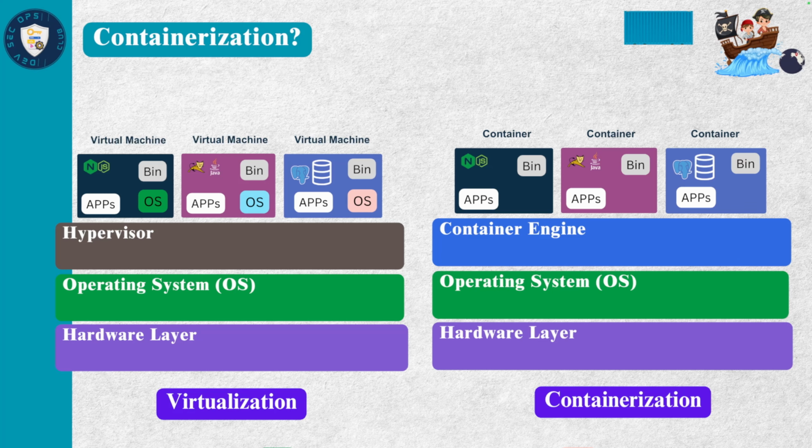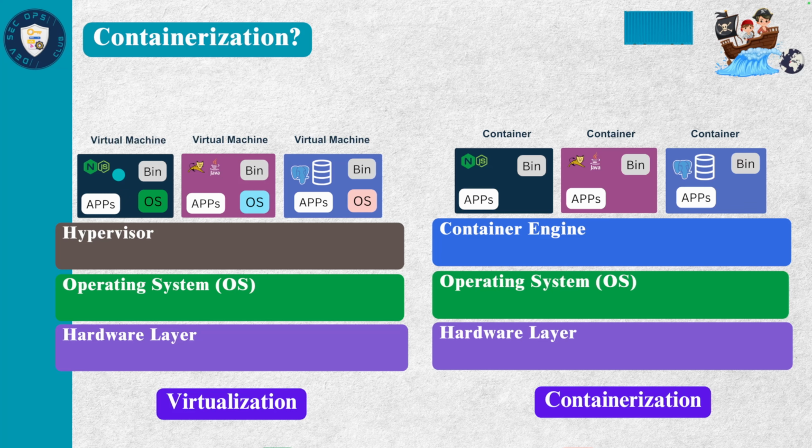Of course, network components are also there, and this virtual machine has its own resources. Similarly, this machine also has its own resources, and they are completely isolated. They are not sharing each other's resources.